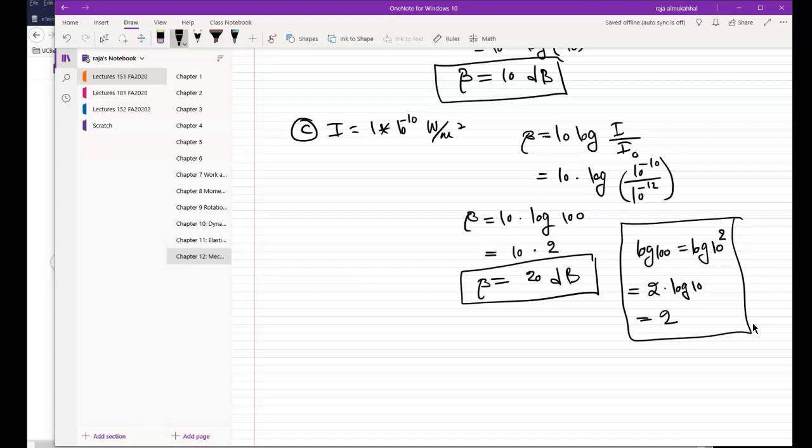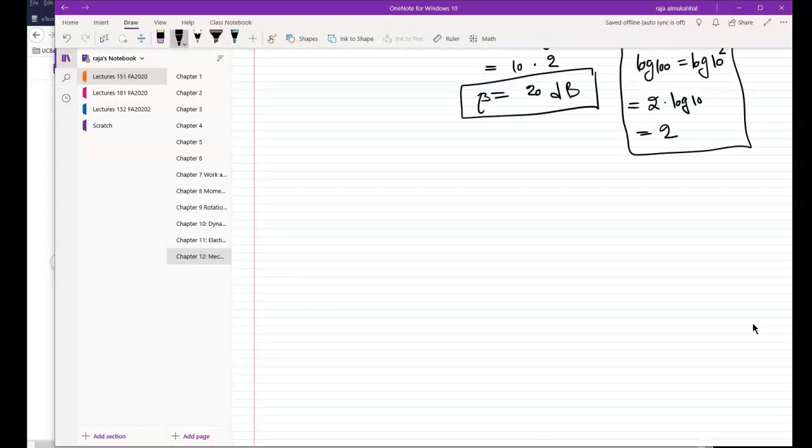Here's another one from the book. I have another one in my notes, but let me go to the book again. Okay, that's example 12.8.